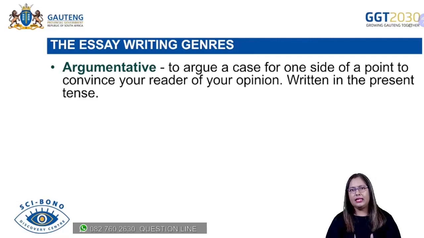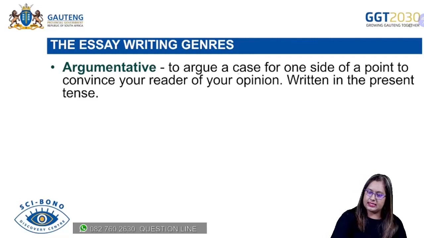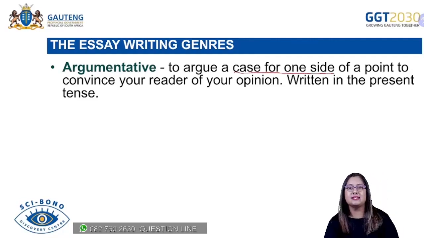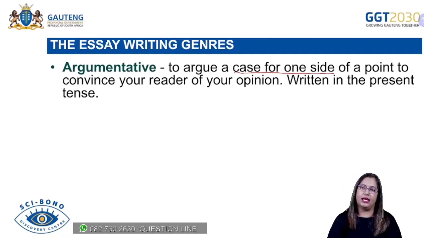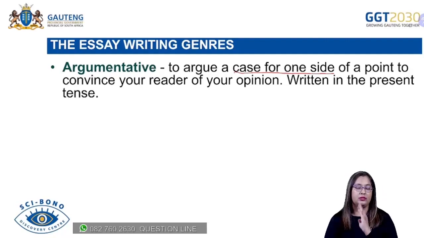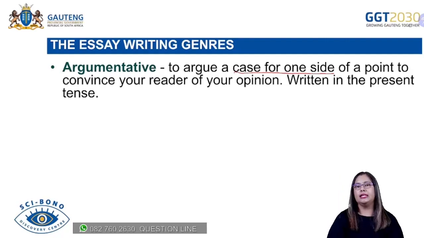So here we essentially are sticking to a particular way of writing it. And that is that you take a case and you look at it from one side, a one-sided point of view. And you're going to convince your reader that that opinion that you hold is 110% correct.